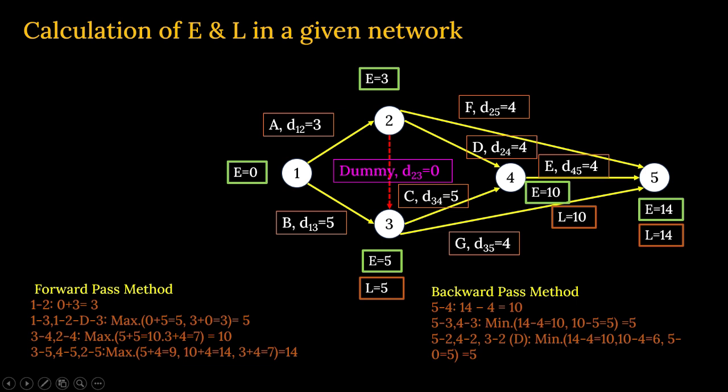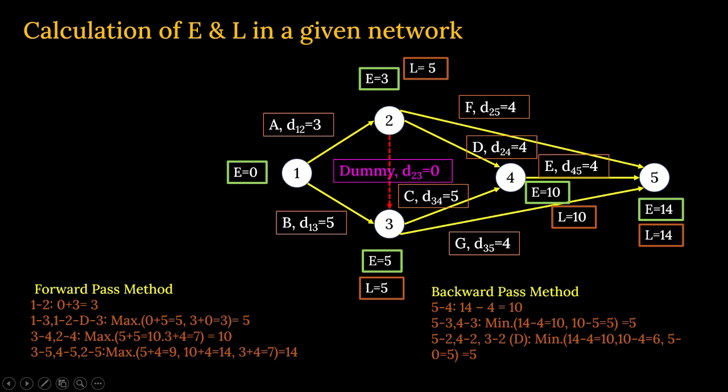So 14 minus 4 is 10. From 4 to 2, here L is 10, duration is 4. So 10 minus 4 equal to 6. And here L is 5, dummy duration is 0. So 3 to 2 is 5 minus 0 equal to 5. Which one will be taken out of these 10, 6 and 5? Minimum is 5. So at this point the value of L is 5.